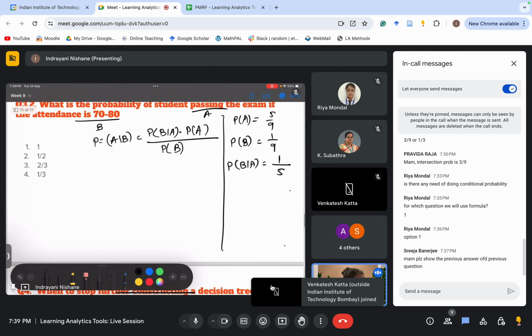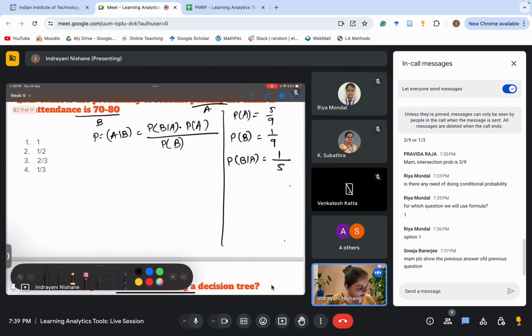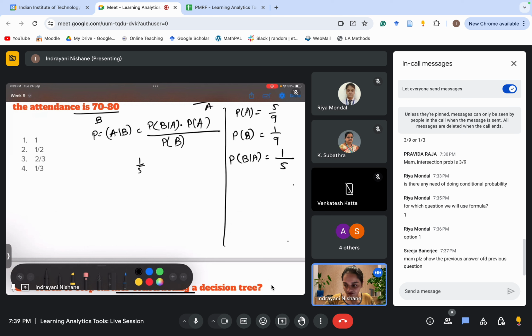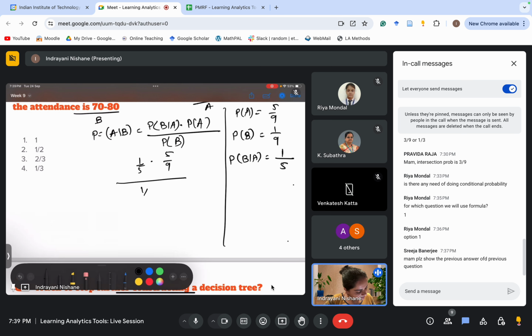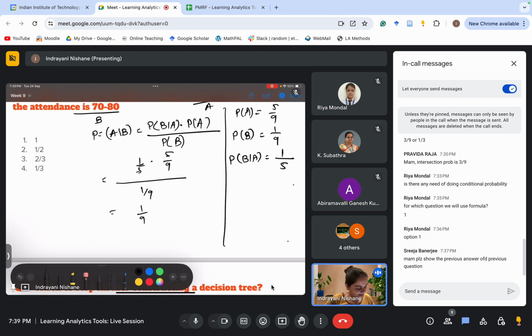So now we have all the values, and we put them in this formula: 1 by 5 multiplied by 5 by 9 divided by 1 by 9. This 5 gets cancelled, so 1 by 9 divided by 1 by 9, do cross multiplication, and the final answer will be 1.